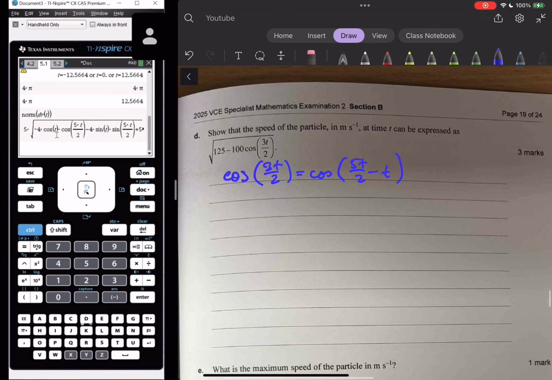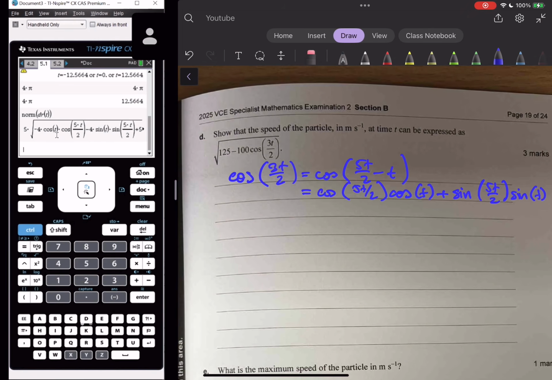By the angle sum formula, or actually we can use the angle difference formula, this is cosine of 5t on 2 times cosine of t, and then plus, because it's negative here, for cosine the sign changes, sine of 5t on 2 times sine of t. And that seems to match what we have there.